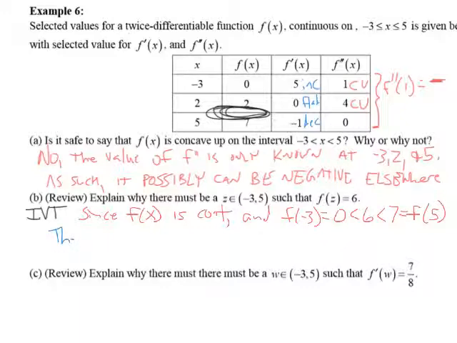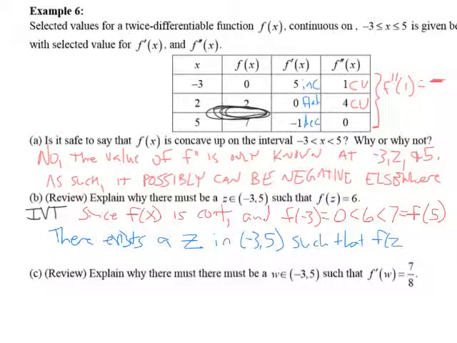Conclusion, there exists a z in -3 to 5 such that f of z is equal to 6. So that's just reviewing the intermediate value theorem.